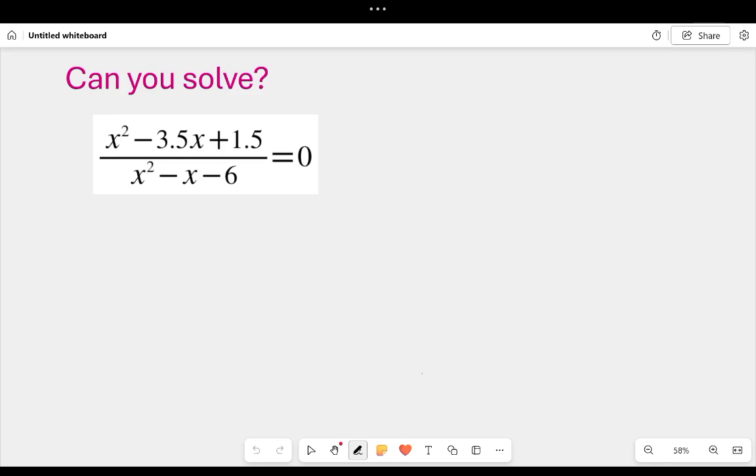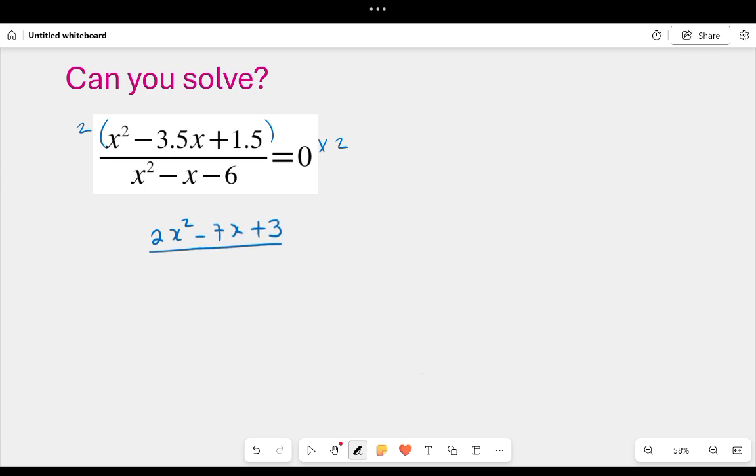Now, to solve this, we are going to get rid of the decimal variables in the numerator. So to do this, we are going to multiply by 2 on both sides. Now, when you multiply by 2 in the numerator, it's going to be 2x squared minus 7x plus 3.